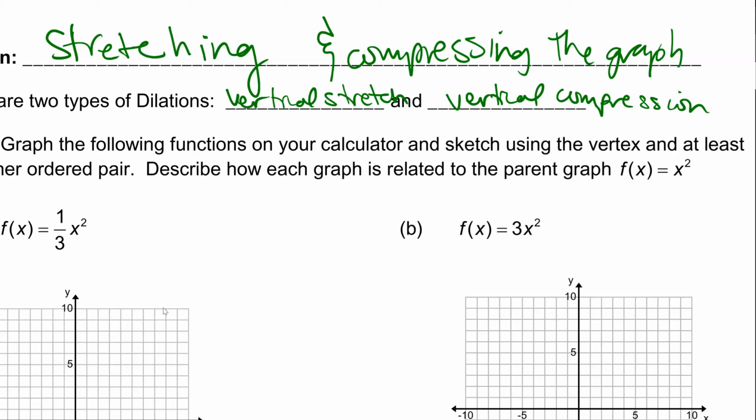If you have a number greater than 1 in front of your absolute value, like 3, what happens? It gets narrower. So you already know what's going to happen here. What does x squared look like? It's a parabola. It's a U. If I have a number between 0 and 1, for instance, a third, what's going to happen in a parabola? It's going to widen out. Beautiful. No graph needed. You already intuitively understand what it's going to look like.